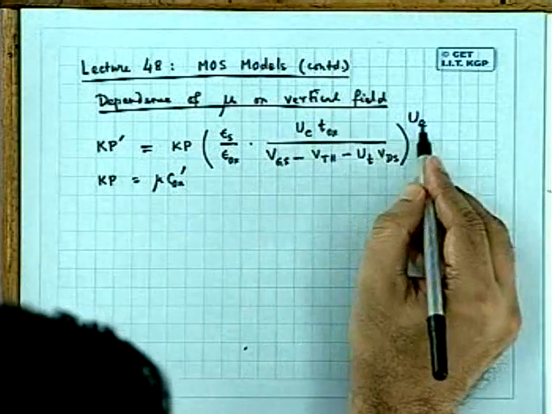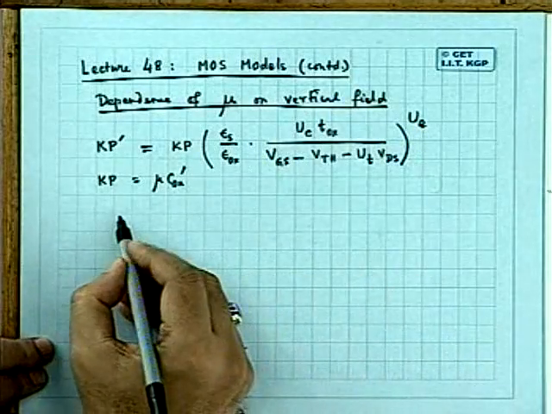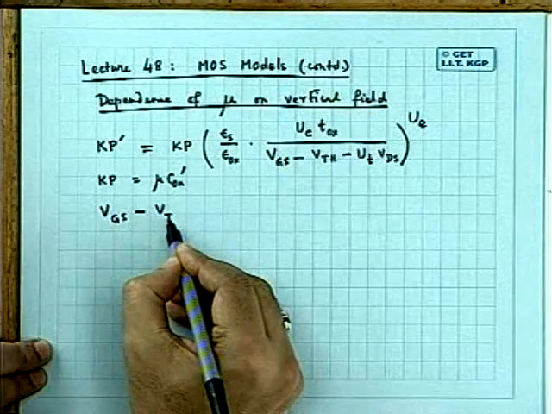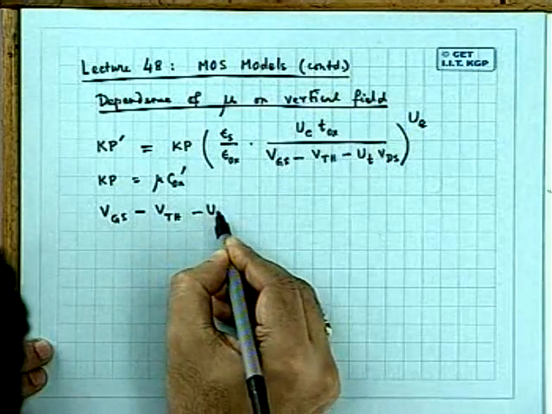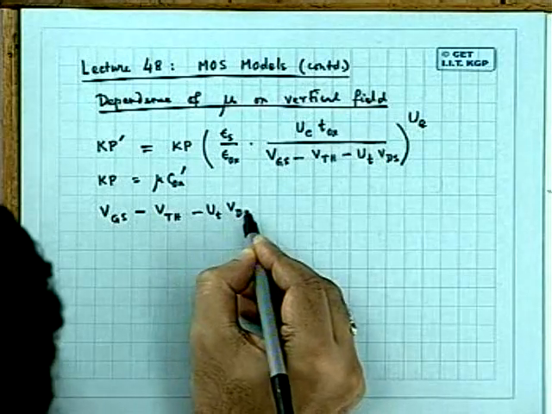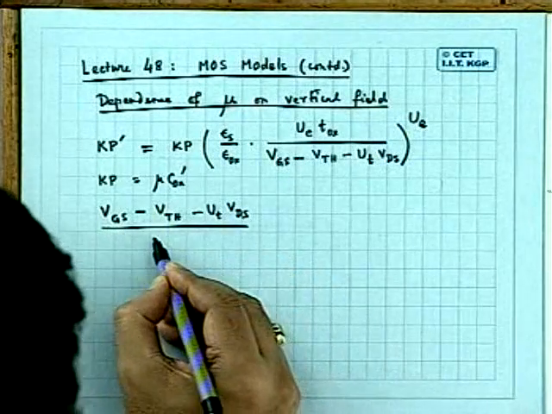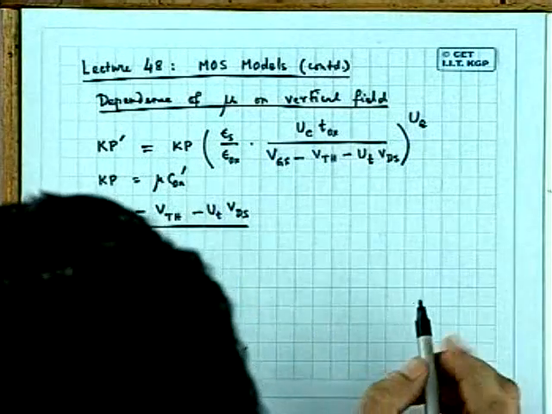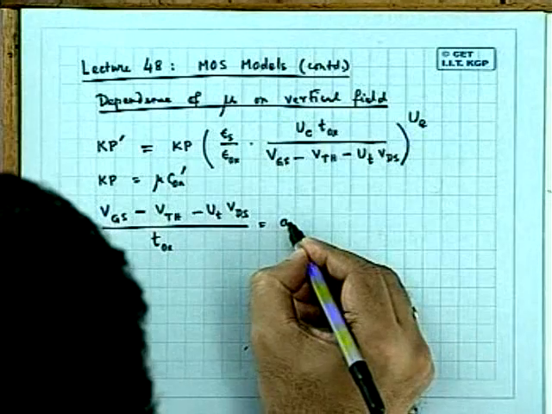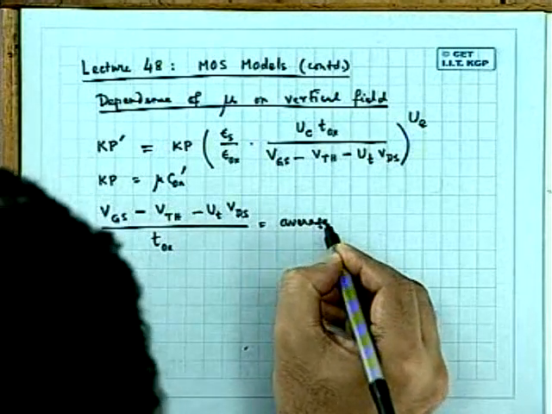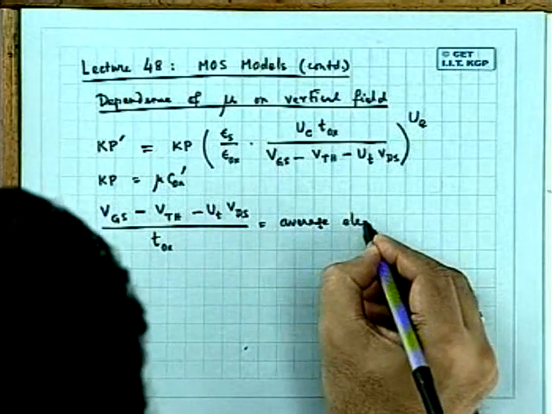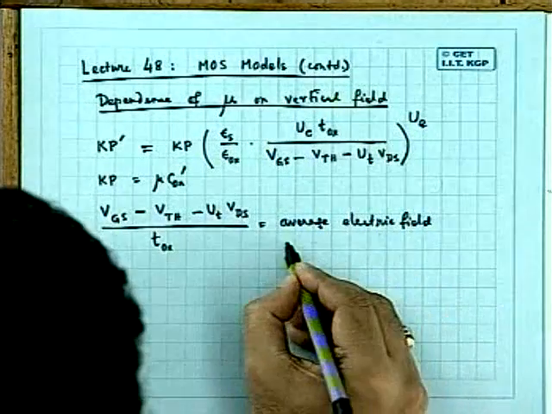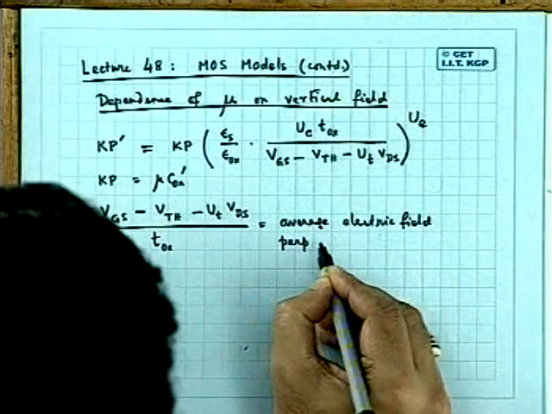If you carefully see, VGS minus VTH minus UT VDS divided by TOX is nothing but the average electric field perpendicular to the channel.